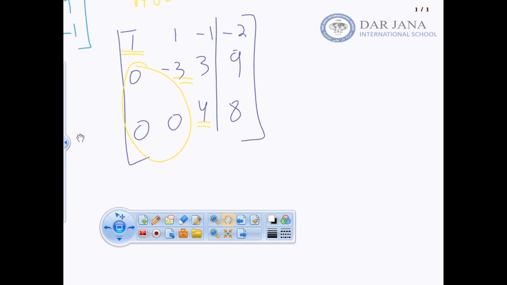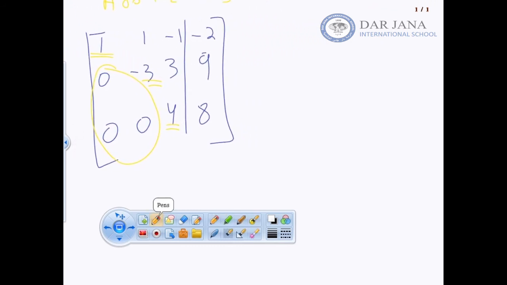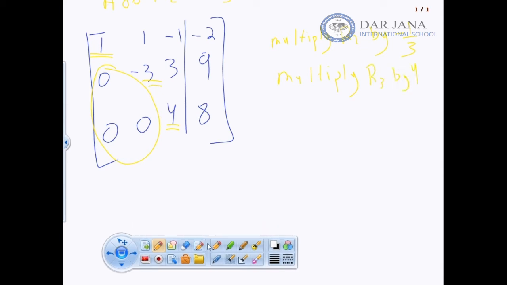I'm going to multiply R2 by negative 1 over 3, using the second row operation, and R3 by 1 over 4, and we are done. This will be my matrix.